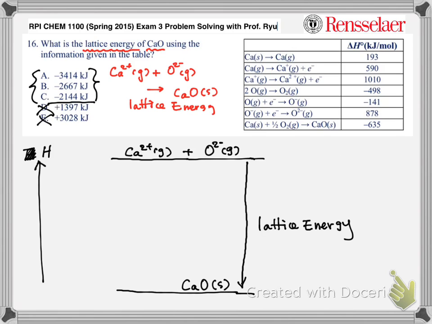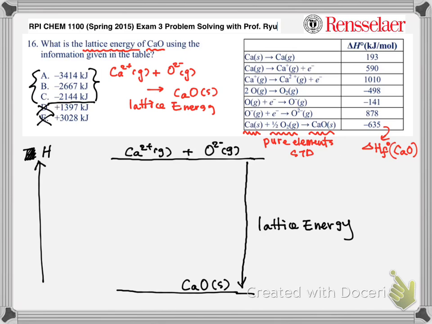And there's another one, which is called the standard heat of formation, or standard formation energy, which is shown up here. If you look at that, calcium exists as a solid and oxygen exists as a gas. This is what we call the pure elements in the standard state, and then they form this. So this is delta H formation for the CaO solid, right?